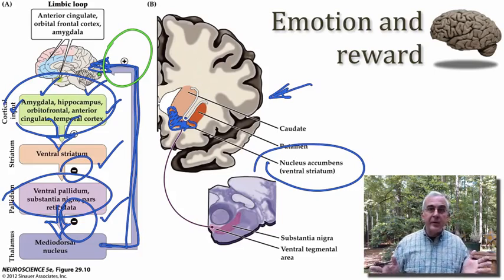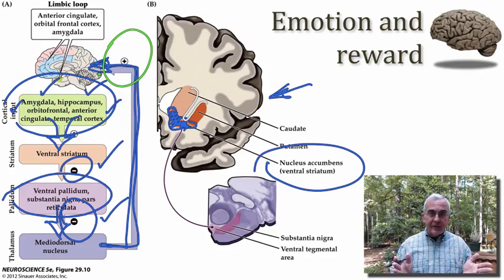That is, we know something good's about to happen, and there's some kind of shift in our emotional set. And it's that shift played out in this circuitry of the orbital medial prefrontal cortex that we think is really the instantiation of a rewarding experience.